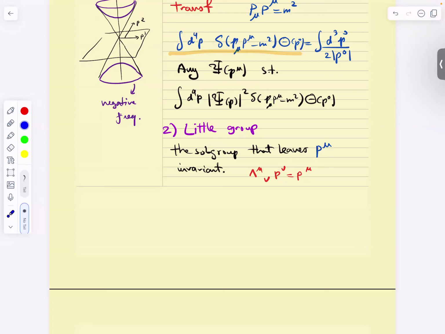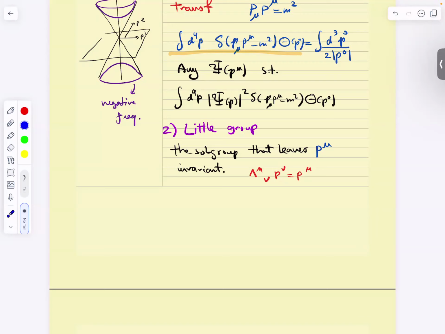What does that tell you? It means that this ket could have extra indices, and the unitary could act on those extra indices without changing p mu, on those extra quantum numbers, whatever they are.